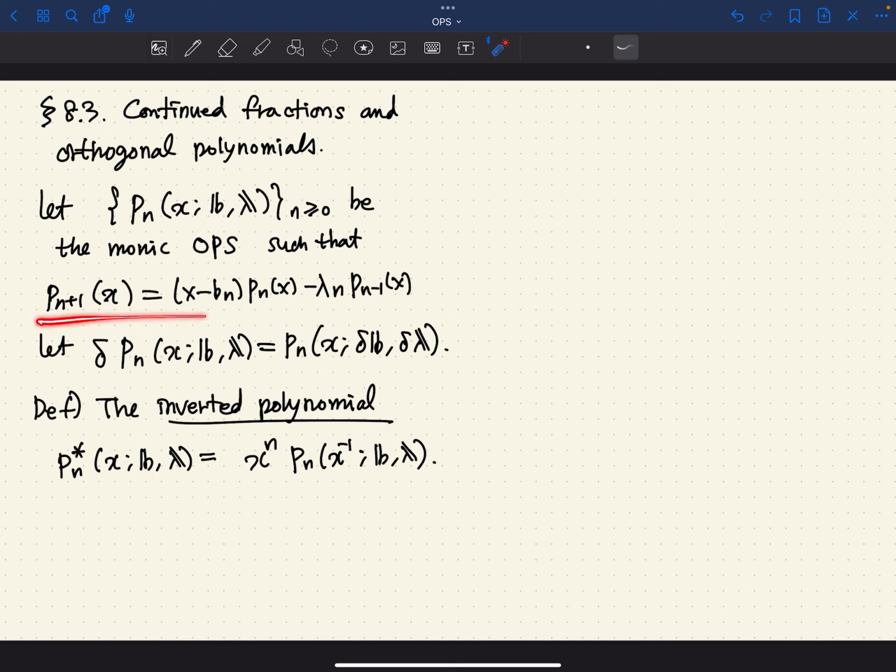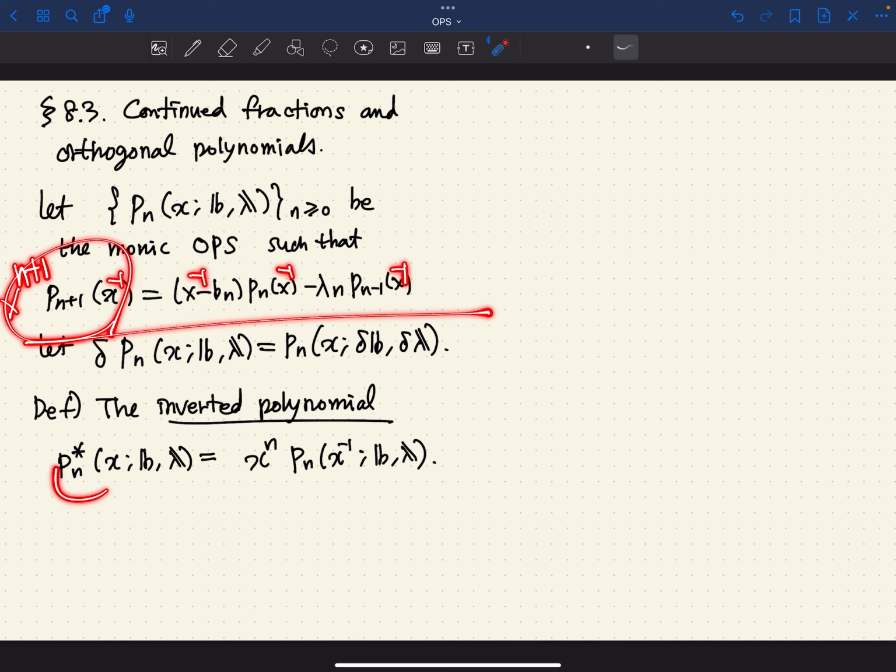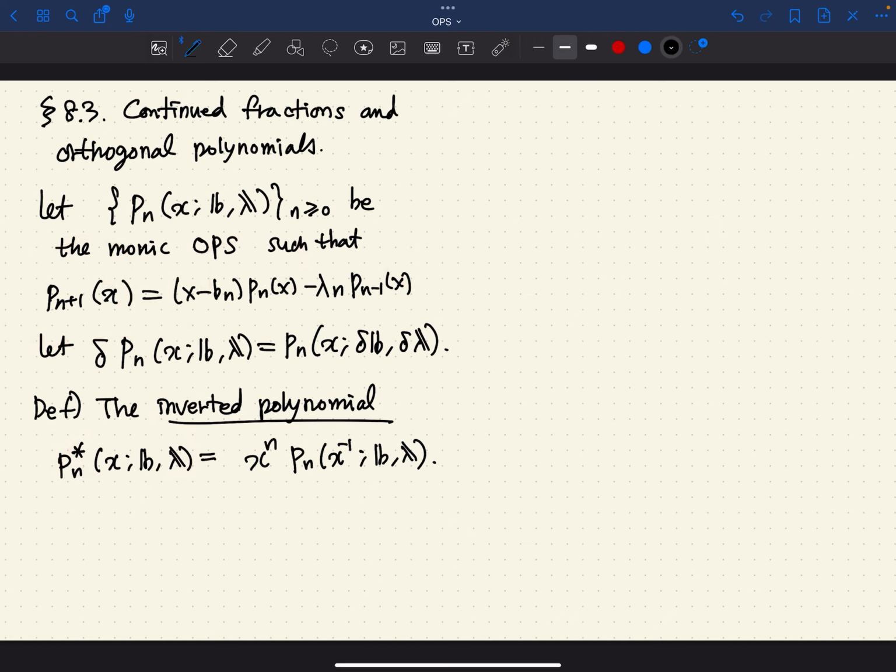And now we have this. What is the recurrence for the inverted polynomial? You replace x by x inverse, like this. Then you multiply by x to the n plus 1, both sides. Then this becomes this with n plus 1. And here, this changes into, just a simple computation, x becomes 1, but for bn, we have x attached.